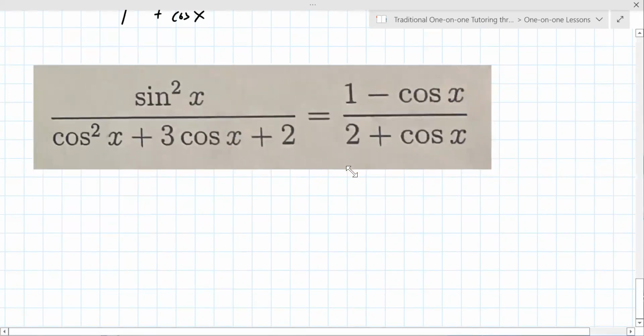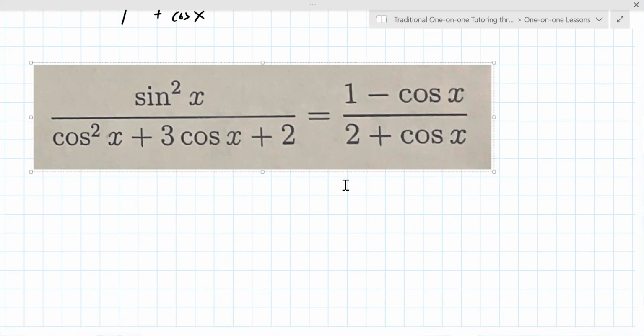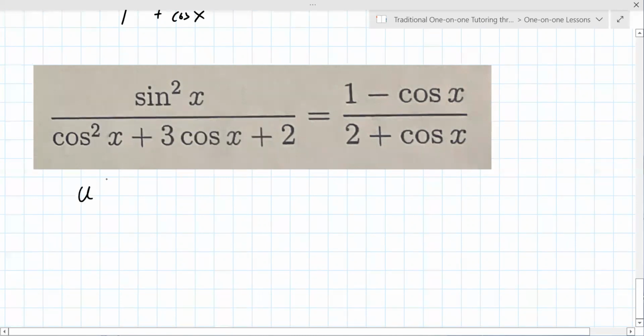In your opinion, which is the more complicated side, the left or the right? The left. Yeah, I would agree. Now, when I see squared, you normally think, oh, Pythagorean identity, but because there are 3 terms here, and you'll see this when we do the solving, you might look at this as u squared plus 3u plus 2, and then you can actually factor this.